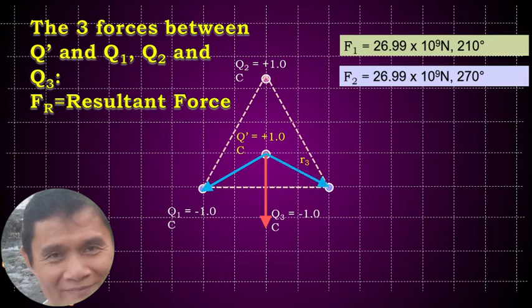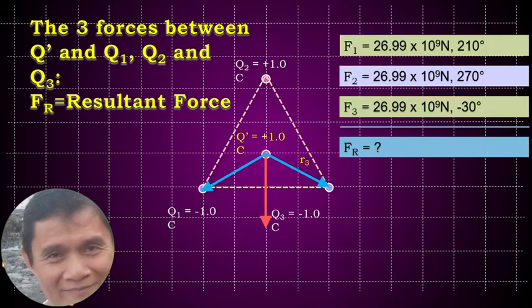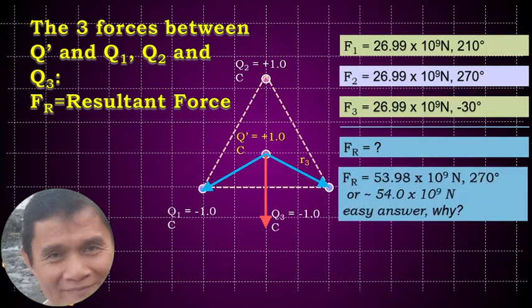And the other one, F3, is again the same magnitude, only that it is pointing at negative 30 degrees below the x-axis, the 0 degree line. Question is, what is the sum of those three? The answer is already given. It's 54 times 10 to the 9 newtons, which is the easy answer.